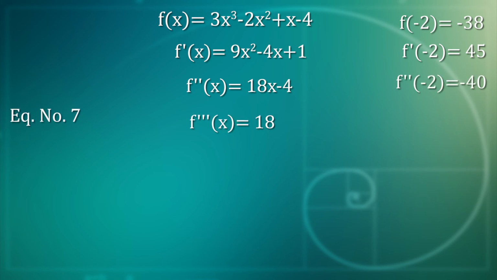In the same way, f triple dash x, that is the third order derivative, is 18, and f triple dash of minus 2 will also be 18. After this, the next order derivatives will be 0, as we have reached the constant term, of which the derivative is 0.